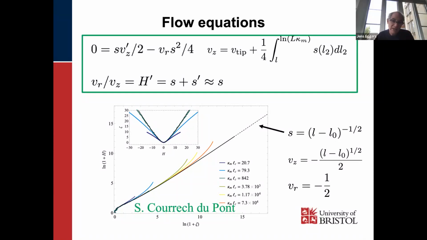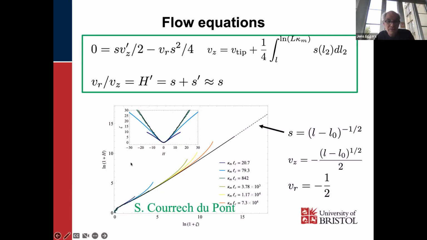So the black line here is the result of a full numerical calculation of the problem I've done. The dashed line is the result of this calculation I'm showing you here. So you see it works extremely well, except in a region very close to the tip.